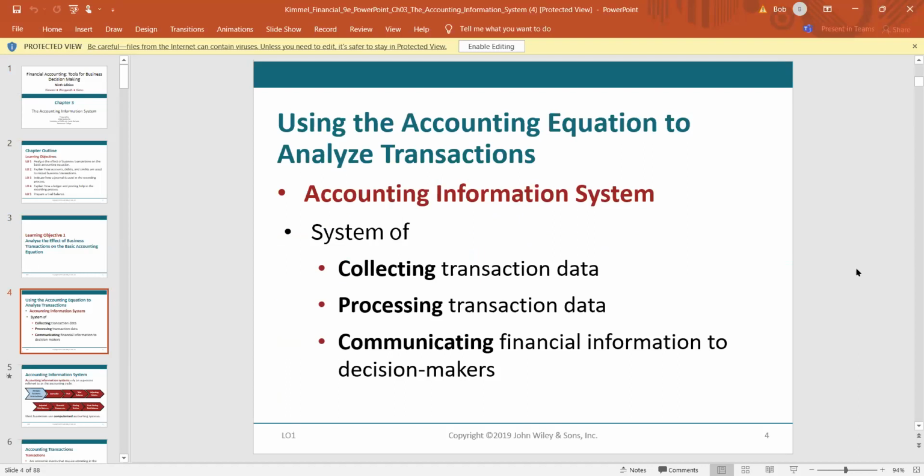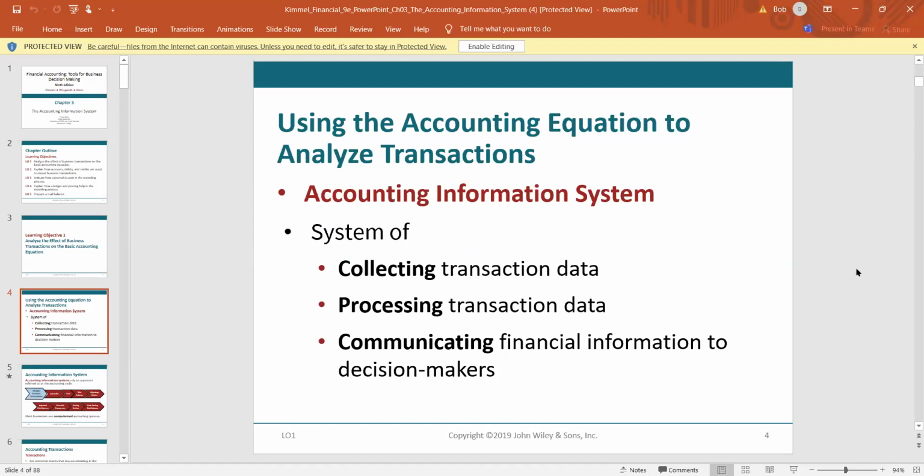Analyze the effects of business transactions using the accounting equation, huh? What are we going to do? We're going to collect transaction data, and we're going to process that data and communicate it to the decision makers of the company. Collecting transaction data can consist of bringing together all of the time cards to record your payroll. It can be inventory counts that you took. It could be purchase orders, communications with other companies.